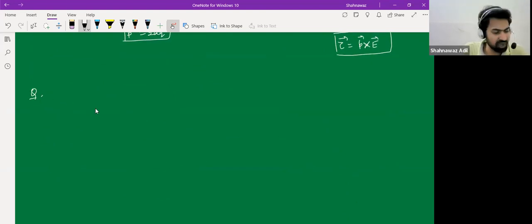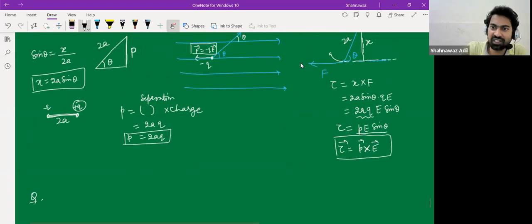Let's say we have some electric field. Aisha, do you have any question? Sir, why is it a cross product? Because you see the magnitude is P E sine theta.